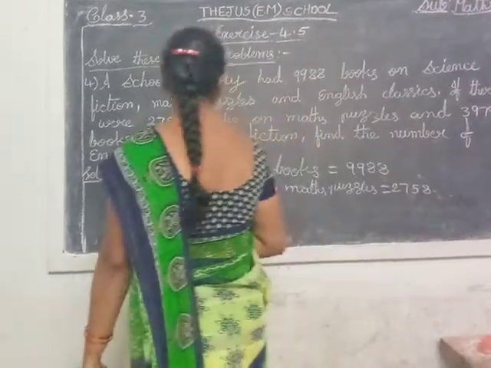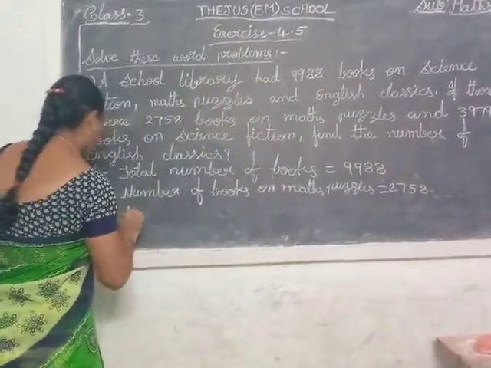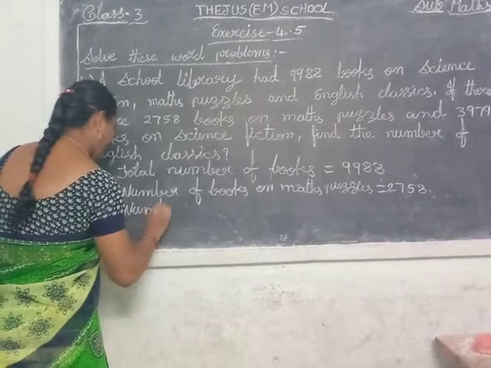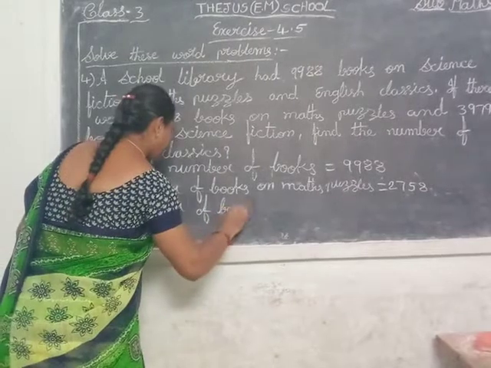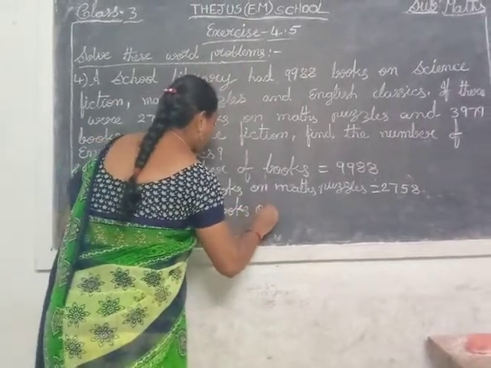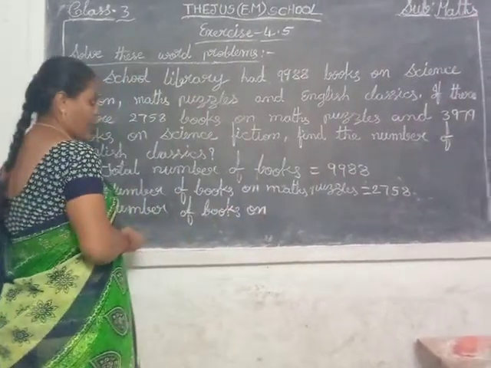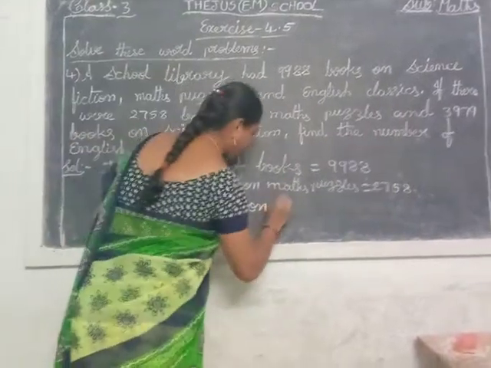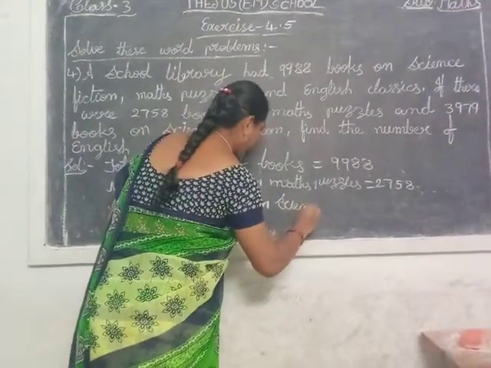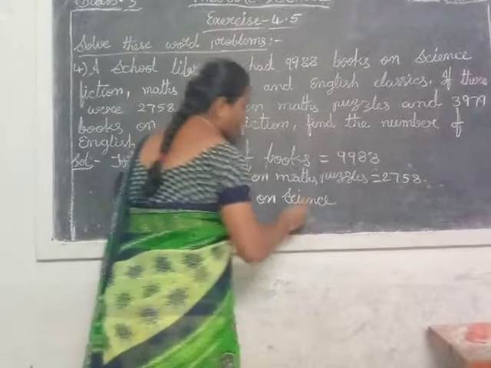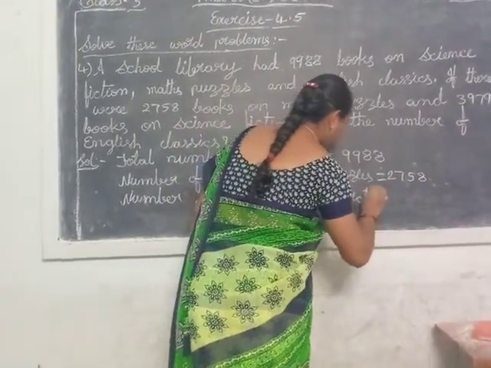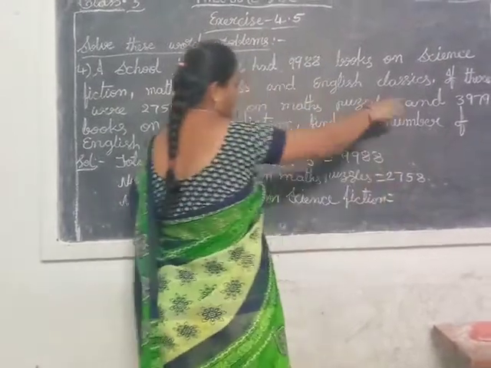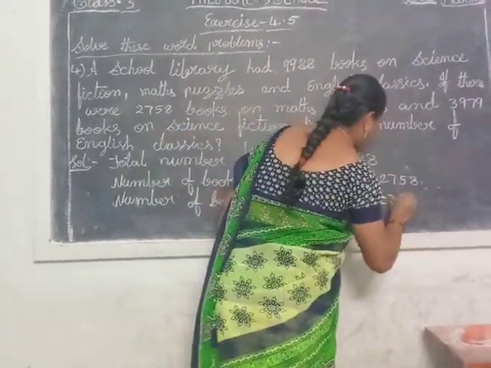Next, which subject is there? Number of books on science fiction. How many? 3,979.